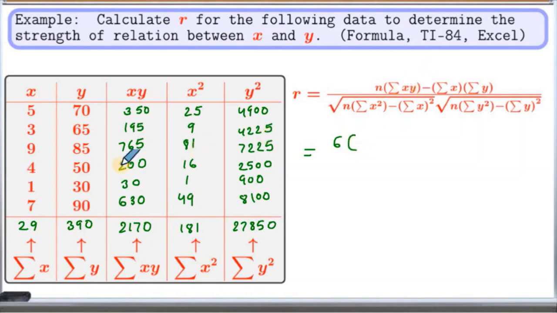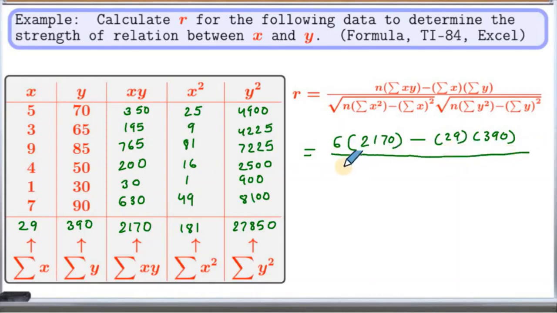Our sum of xy is 2170, so I will put that there, minus our sum of x, which is 29, times 390, the sum of y. So we are done on the numerator part.